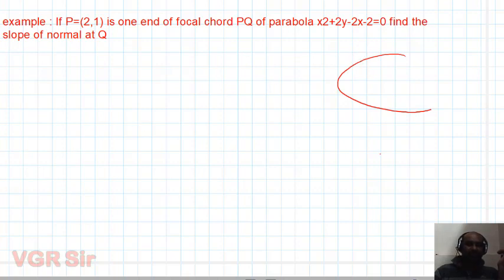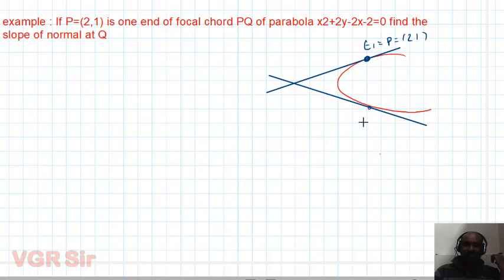So for this parabola, at one point T1 a tangent is drawn, at T2 another tangent is drawn. So this is T1, I can say this is P, nothing but (2, 1). This is T2, I can say Q. Okay, so this is the focal chord now, clearly given.